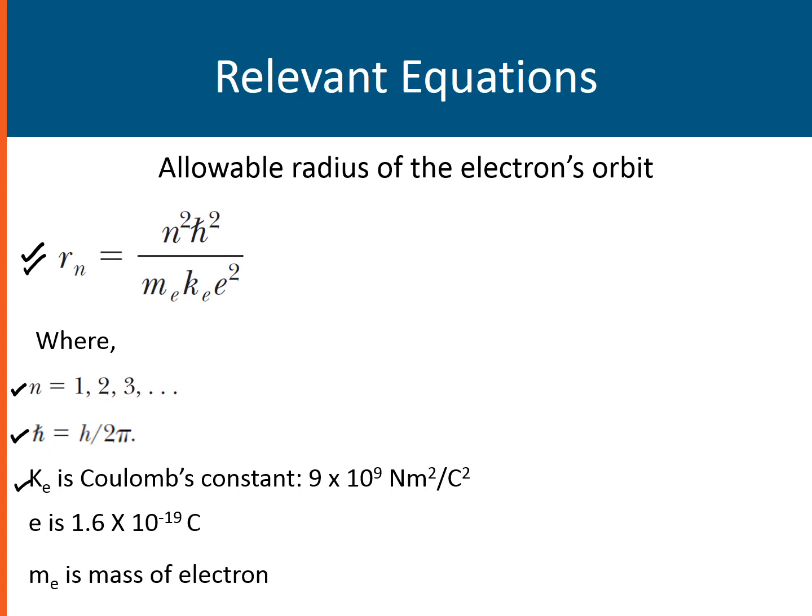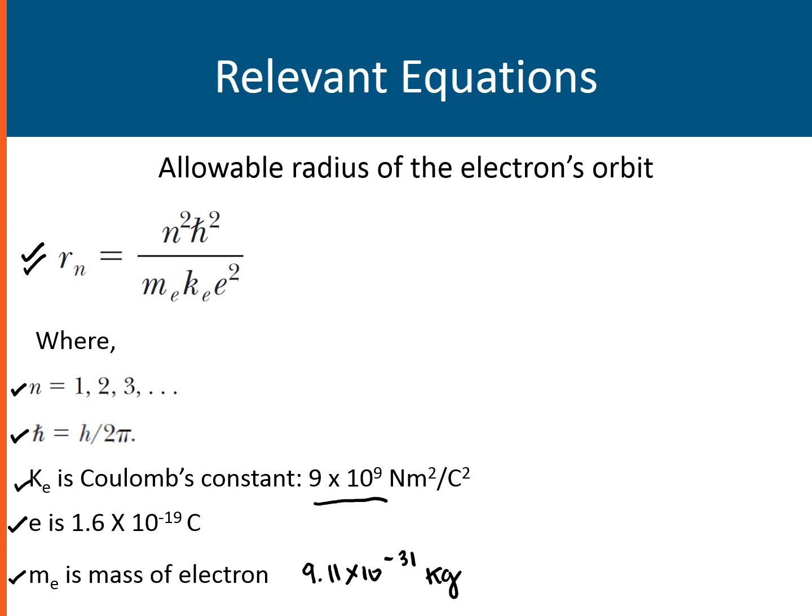Ke is Coulomb's constant, and that is 9 times 10 to the power of 9 newton meter squared per coulomb squared. e is the magnitude of the charge of the electron, 1.6 times 10 to the power of negative 19 coulomb. And me is the mass of the electron, that is 9.11 times 10 to the power of negative 31 kilograms.